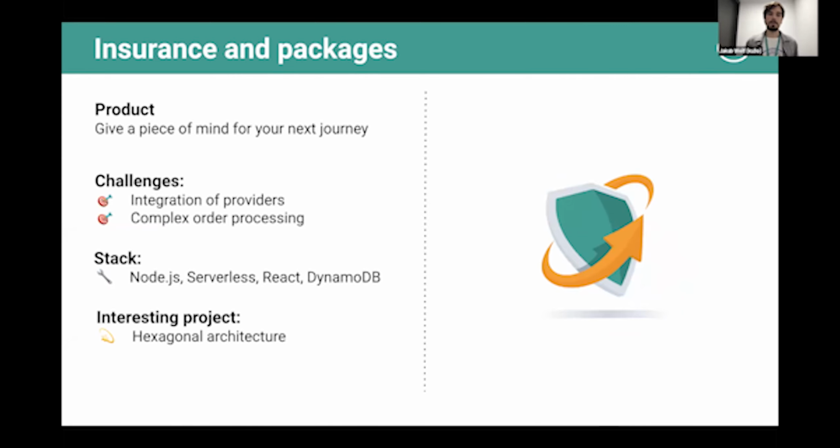And the last one I'm going to touch on briefly is a little bit different in terms of the stack. This one is about the products around insurance and packages. There are a lot of integrations, especially for insurance, where we have outside providers, and for packages, it creates a little bit more fun in terms of playing with the processes between the services inside Kiwi.